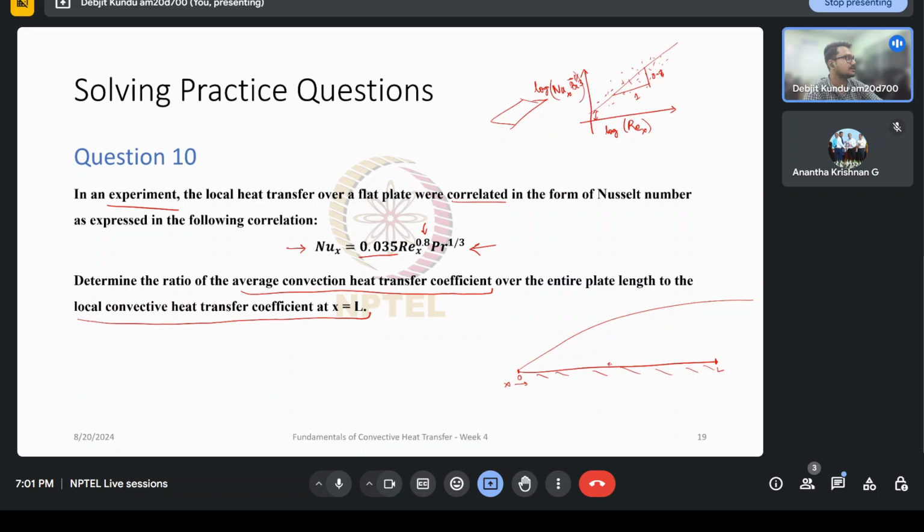At any x, I have some h of x. What I have to do is find the ratio of the average heat transfer coefficient, h bar, with the local heat transfer coefficient at L. So at x equal to L, there will be an hL. This ratio we have to find out.